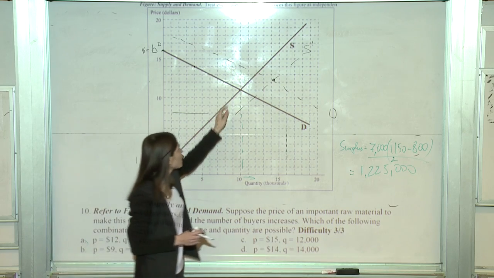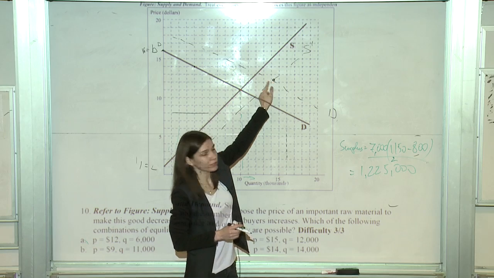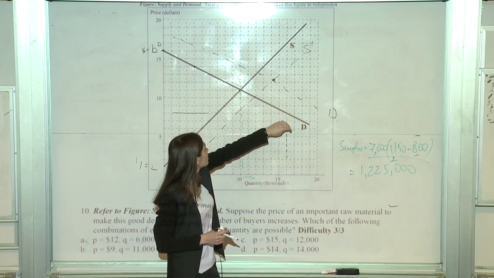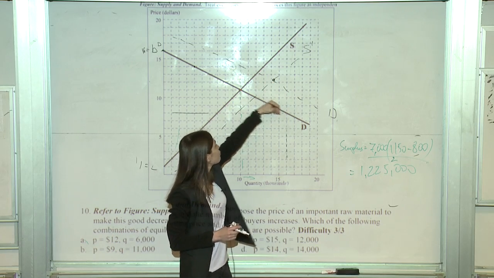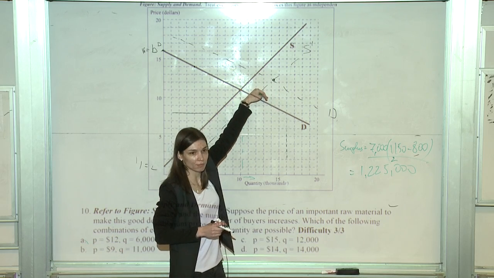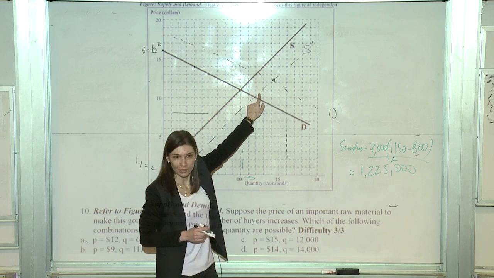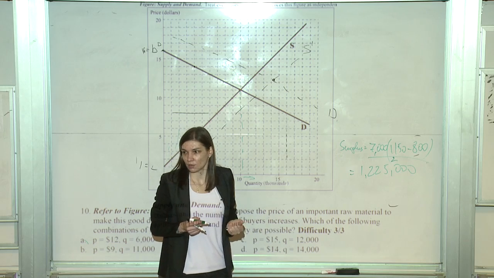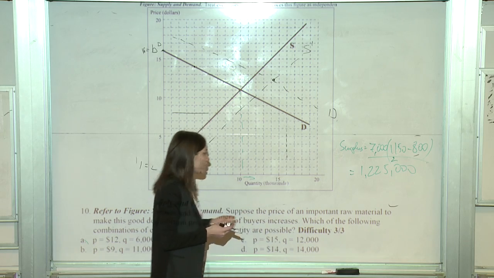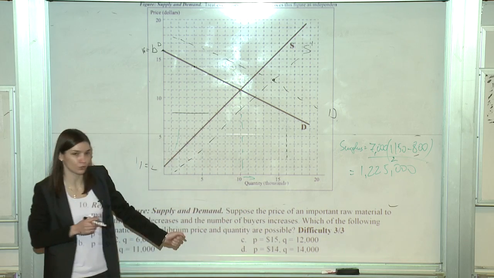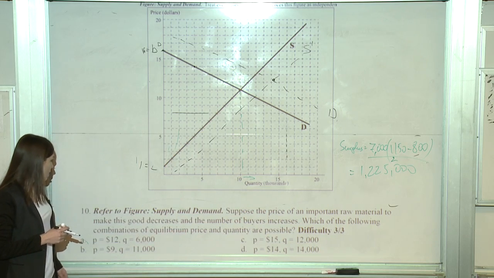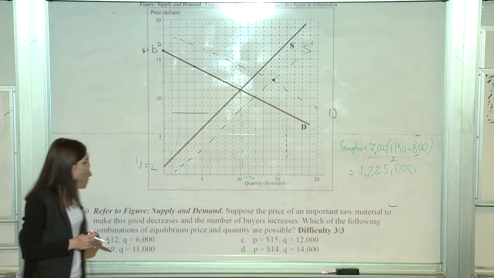Because the way I drew it, it is higher than the original price. But if the demand curve was shifted by just a little bit instead of that much, they would intersect somewhere here, and the price would be lower. So the effect on price is ambiguous. Quantity for sure goes up. The original quantity was 10.